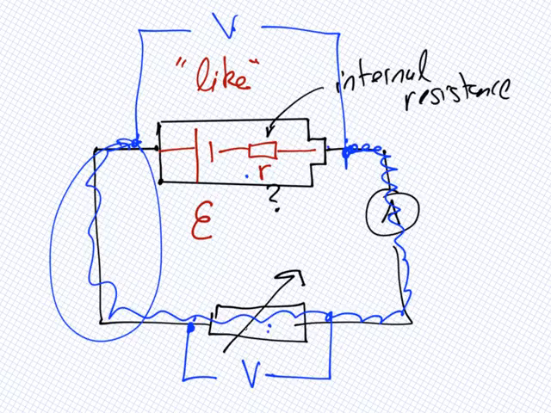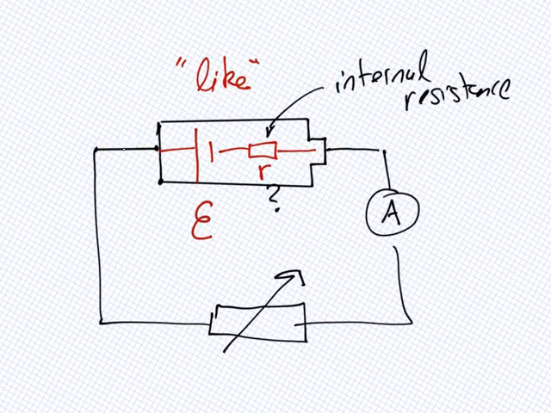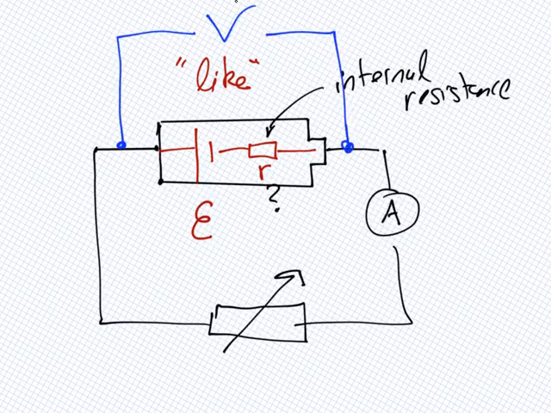I will put the voltmeter on the top then. So, what are the two things we can measure here? We can measure voltage and current, and what is the thing that we want? The resistance. The other thing we would love to know as well is what is the EMF of the battery. It'd be great if we can get both.